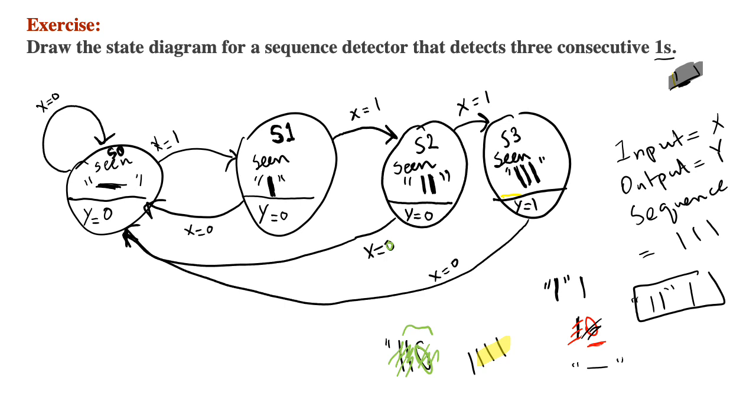So that means if I am in the last state and I receive a 1, I will stay in the last state and I will output a 1. Now this completes the state diagram for a sequence detector that detects 3 consecutive 1s.